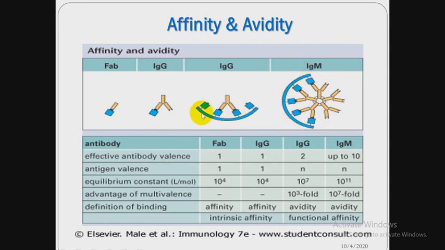You see we have several similar epitopes in the structure of this antigen, and the interaction of the IgG with this multivalent antigen or IgM with this multivalent antigen could induce avidity, and the overall strength between an antibody and a multivalent antigen is called avidity.